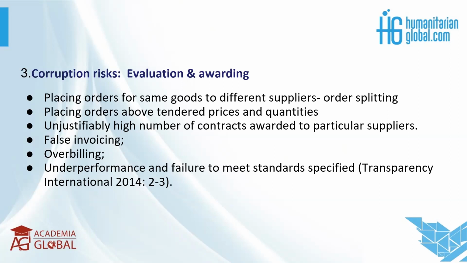The other one is underperformance and failure to meet standards as specified. According to me, I think this is one very key corruption risk in terms of evaluation and awarding. When a supplier is underperforming and does not meet standards, it's a big red flag for us to say, why is the supervising person or the procurement professional who is responsible for managing the process not calling out the underperformance?